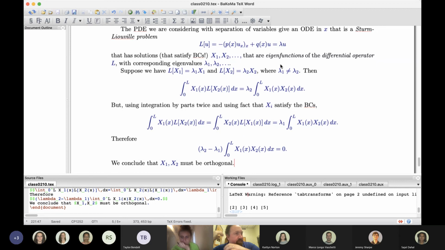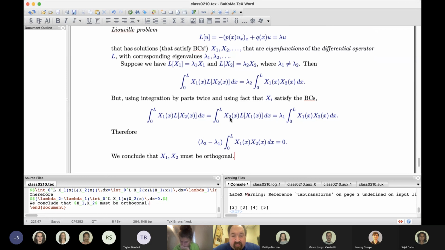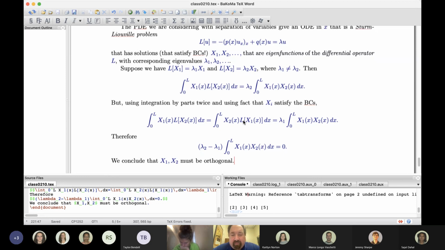This goes along with something from ordinary linear algebra, involving matrices: if you have a matrix and eigenvectors corresponding to distinct eigenvalues, when it's a symmetric matrix, they must be orthogonal. And in general, even if the matrix is not symmetric, they must be linearly independent.